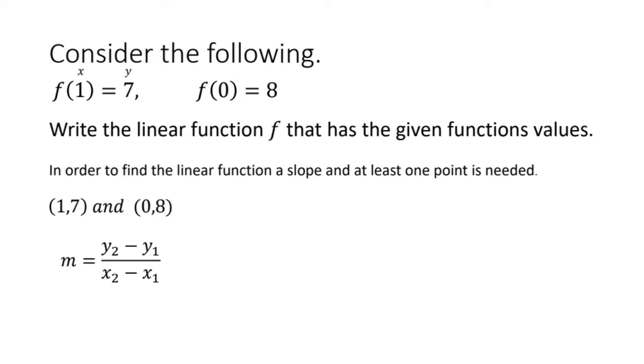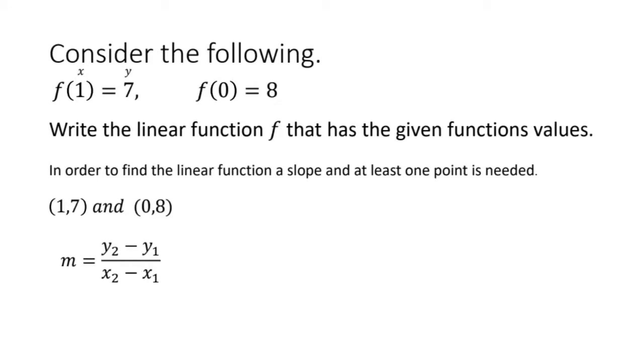The equation for slope is given by y2 minus y1 divided by x2 minus x1. Again, where (x1, y1) is one point and (x2, y2) is another point. It doesn't matter which you pick to be point 1 or point 2, as long as you follow the order.